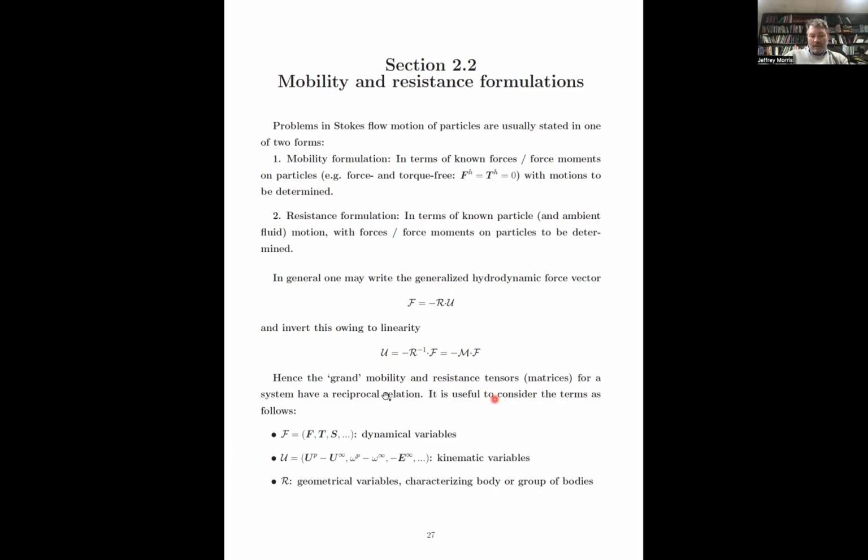But I want to think about this in the following way, is that the forces and the torque and the stress, these are the dynamical variables. And these are all induced by the fact that the particles have to move in a different way than the fluid. So the kinematic variables, right? And so the fact that I have kinematics, which differs from the surroundings, induces forces and force moments, right? That's the essential idea about this.